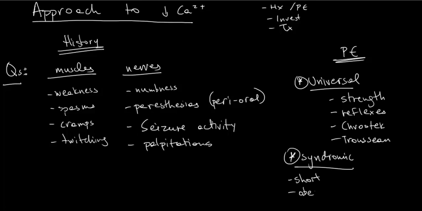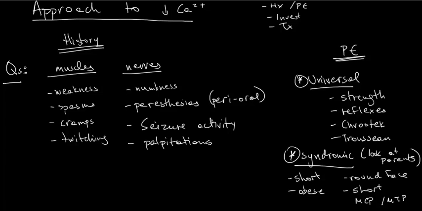We have to know if someone is short, if they are obese, if they have a round face, or if they have short metacarpophalangeal or metatarsophalangeal joints. That's the MCP, MTP here. It's very important to look at the parents' hands too and the whole parent's physical appearance because these are dominantly inherited many times.